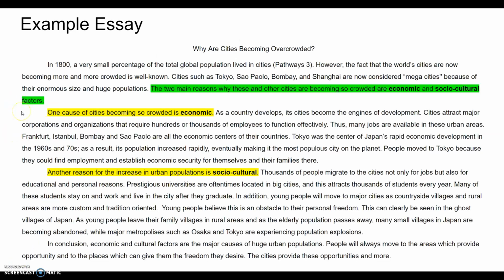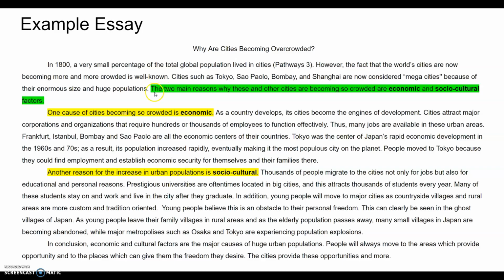Let's take another look at this example essay. We're going to focus on the body paragraphs, but to really understand how the essay is organized, we need to look back at the thesis statement. Remember, the thesis statement is the last sentence in the introduction paragraph.